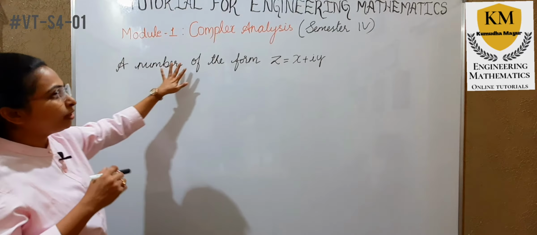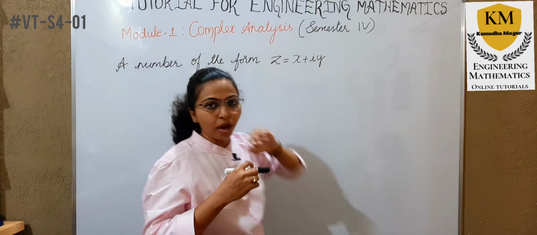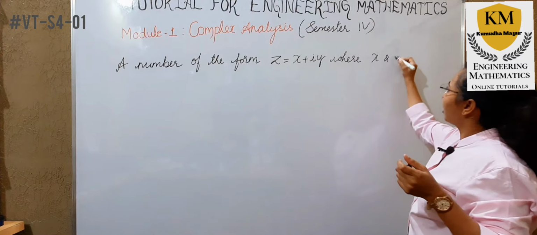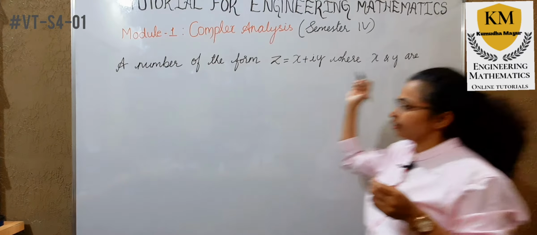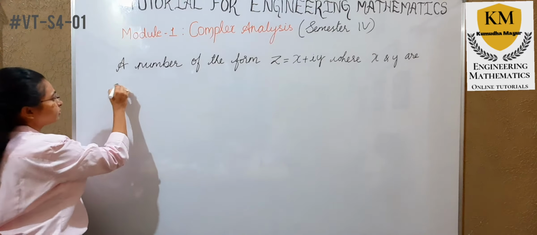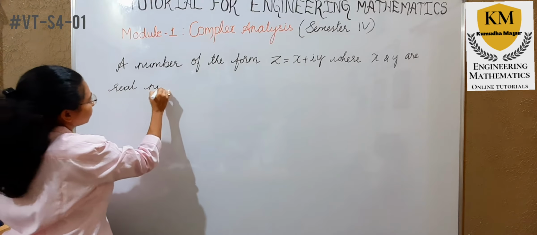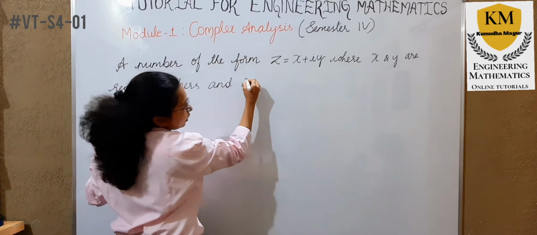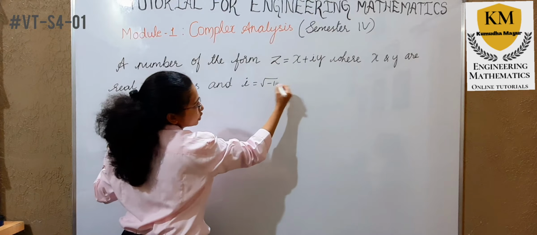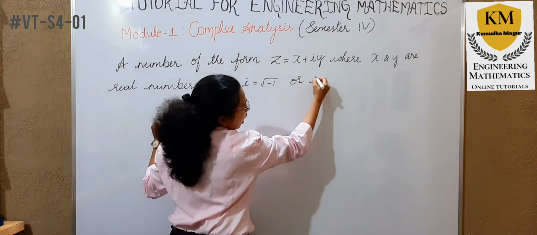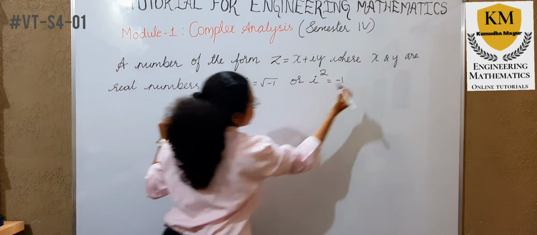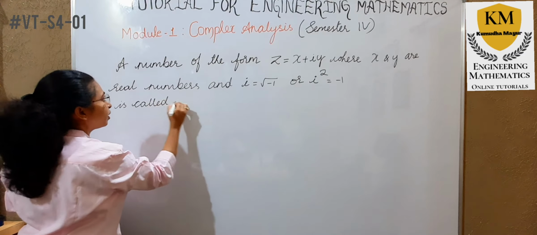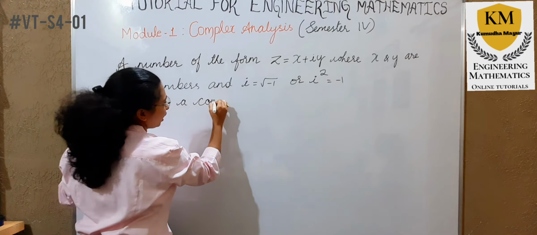A number of the form z is equal to x plus iy, where x and y are real numbers, and i equals square root of -1 or i square is equal to -1, is called a complex variable.